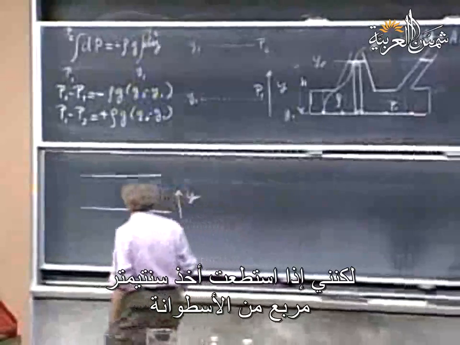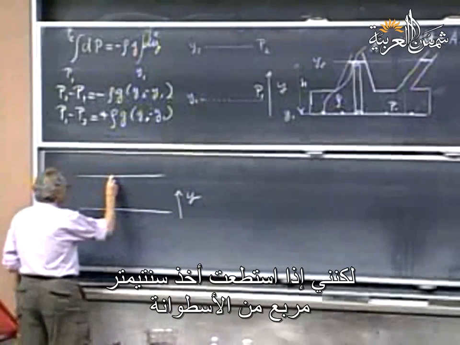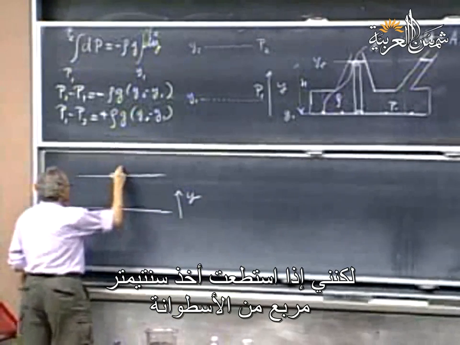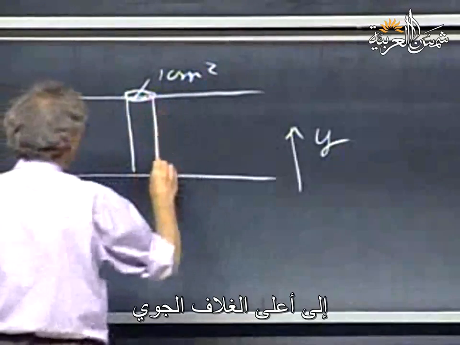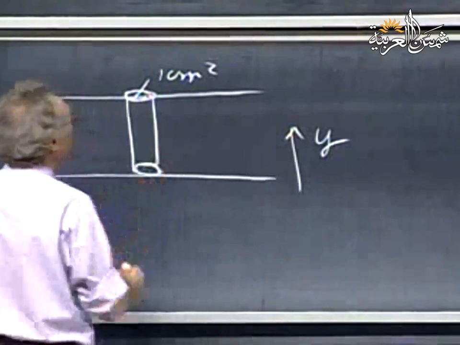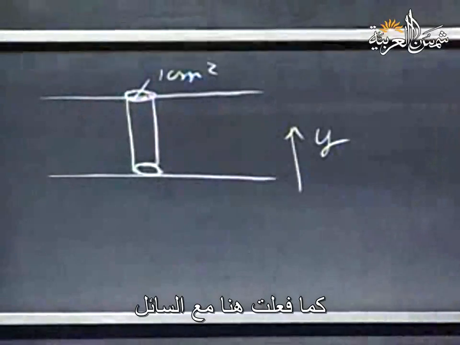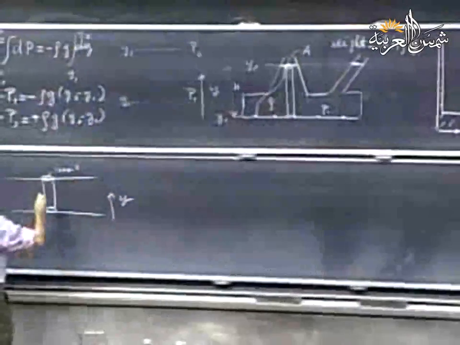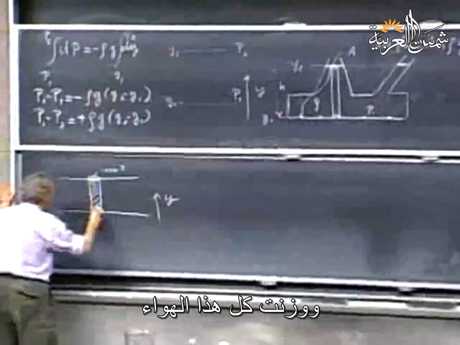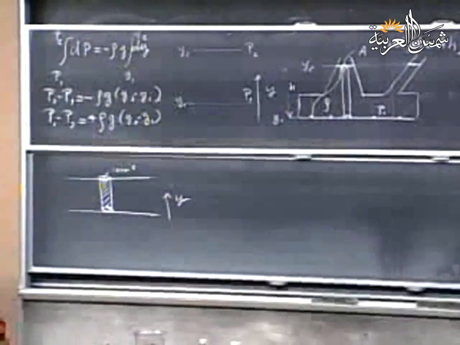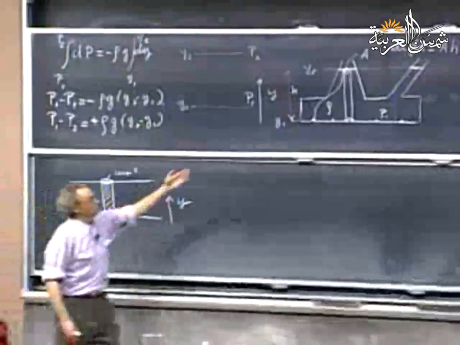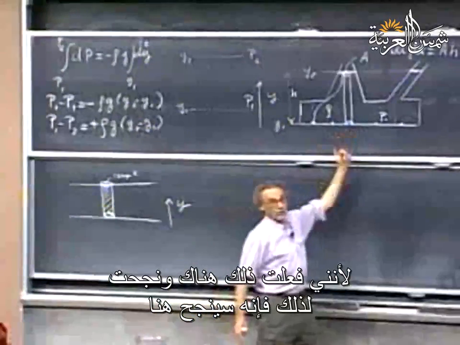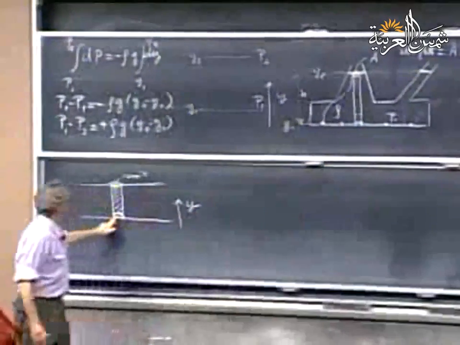But if I can take a 1 square centimeter cylinder all the way to the top of the atmosphere, just like I did here in the liquids, I could have taken area A, and I weigh all this air, then I would get the right answer for the pressure here. Because I do that there, so that works, so it should work here.